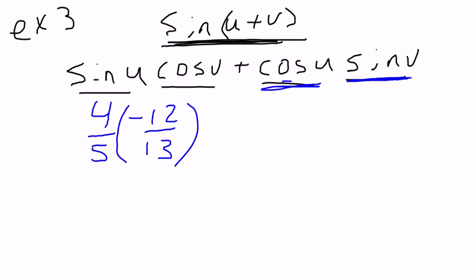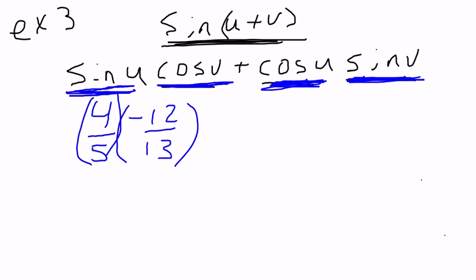To find cosine of u, we're going to use sine of u and make a triangle. To find sine of v, we're going to use cosine of v and make a triangle. So let me show you what I'm talking about. First, we're going to make a triangle using sine of u. Sine of u is 4/5.